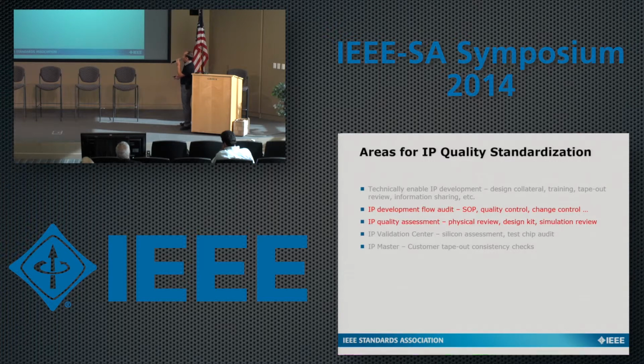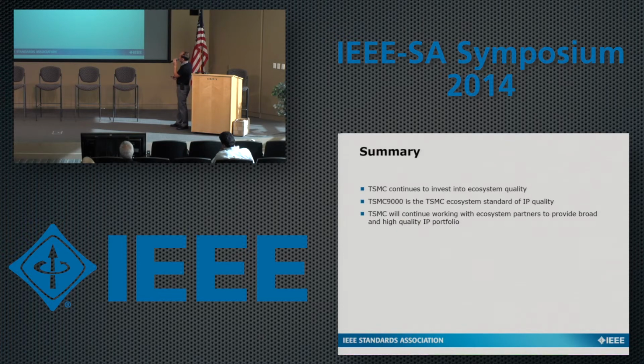Second, IP quality assessment: how all of these things are supposed to be organized so that all the information can be available to either the customer or to whoever qualifies the IP. Certainly there are other areas too, but we believe those 2 are probably the most useful for now. We actually started talking to a couple of standards organizations about this, and certainly we welcome any input you might have on how to approach this.